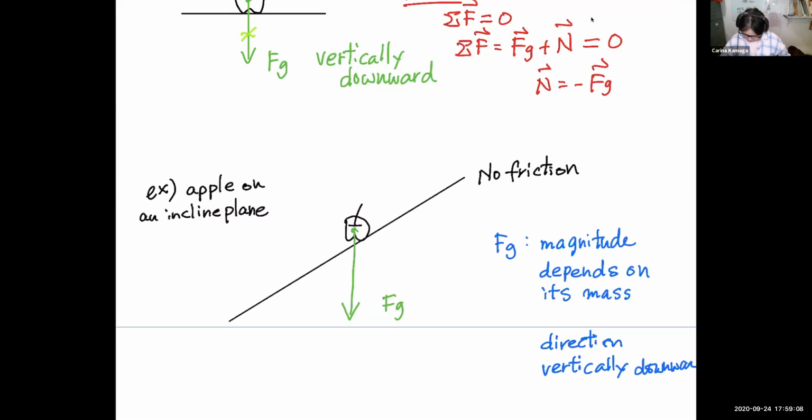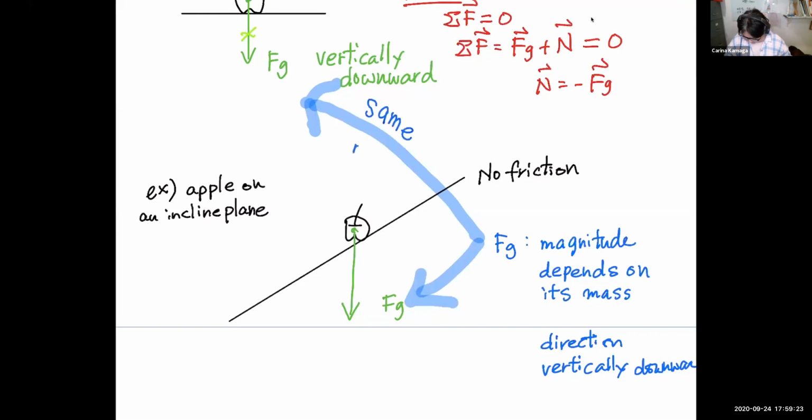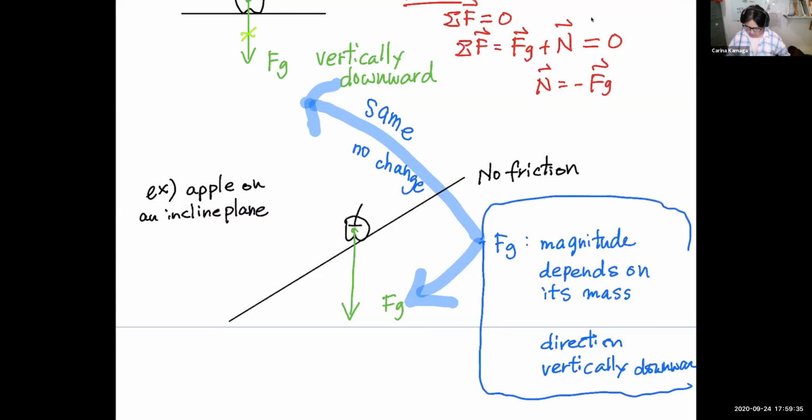It's exactly the same, no change. Agree, right? The gravitational force doesn't change.